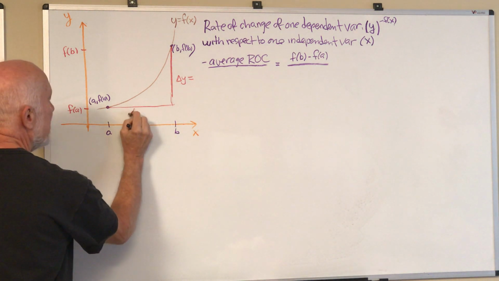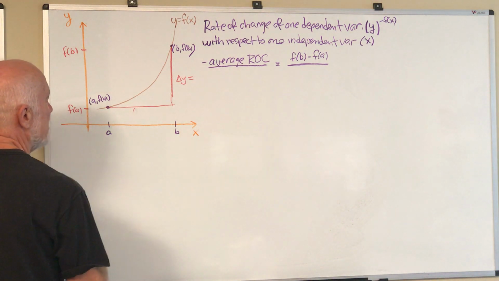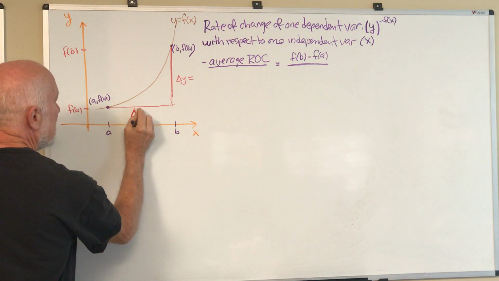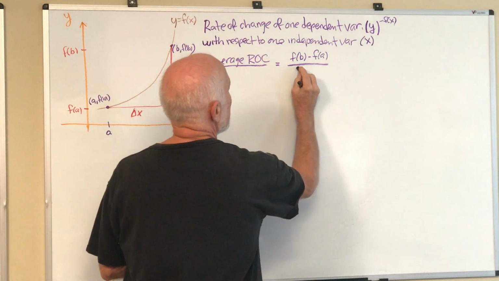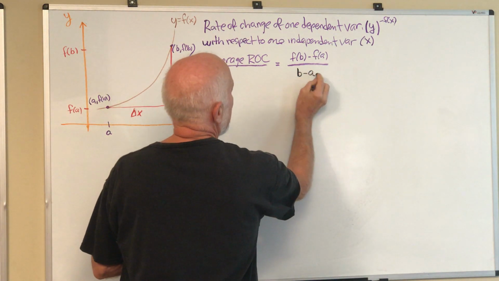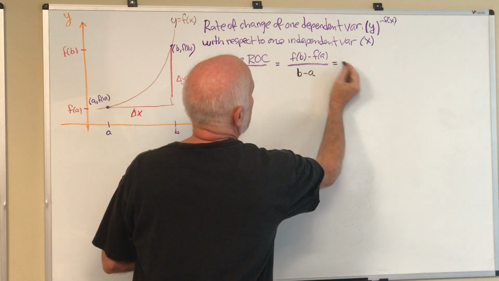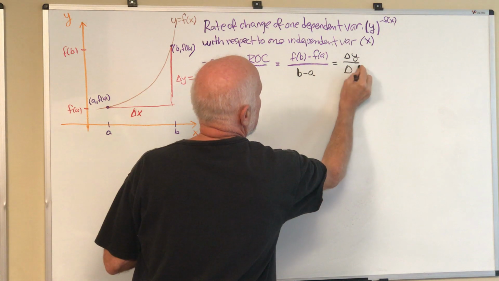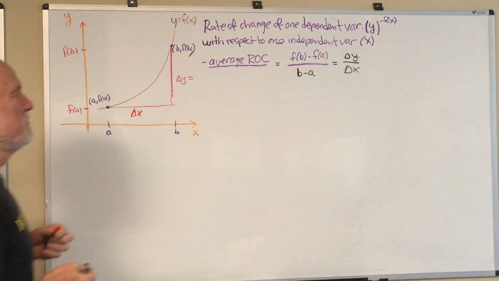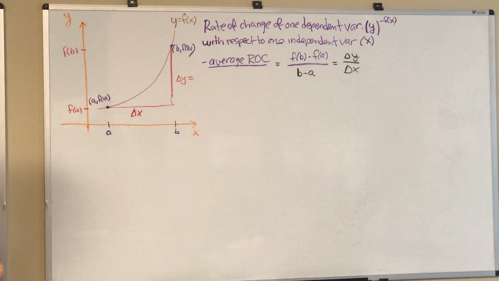This would be called the change in the x variable. So that would just be b minus a. You could also write delta y over delta x if you wanted to. So that's how you find average rate of change.